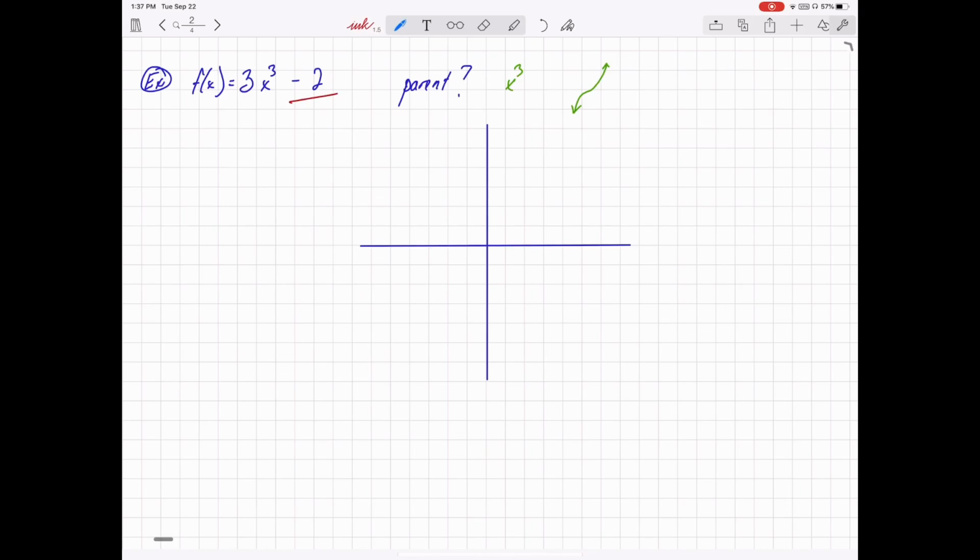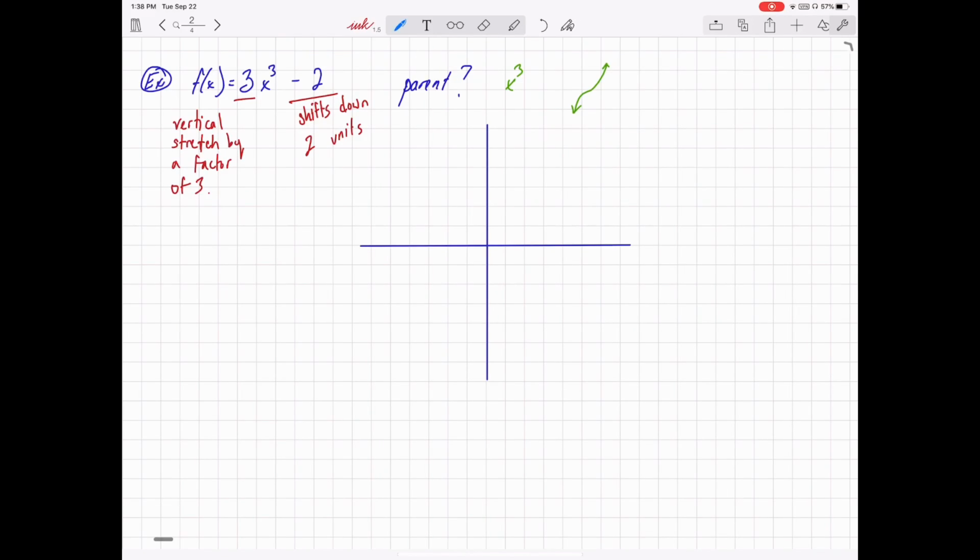The -2, that just shifts it down. Shifts down 2 units. This 3 is a vertical stretch by a factor of 3.